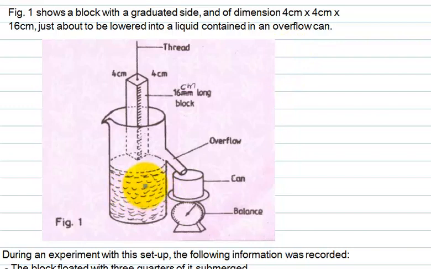So here we've got the liquid and here is the block. When it is lowered into the overflow can, the displaced water will be collected in this can and we will be able to measure the mass of the displaced water.